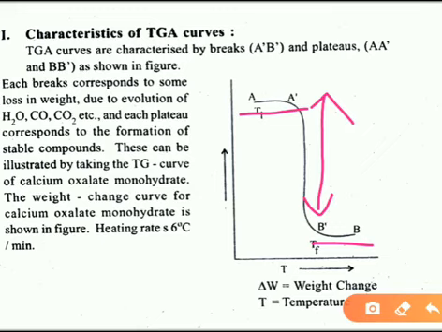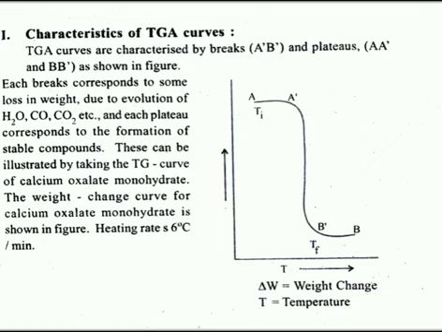This represents a loss of some lighter molecules. So here it is a plot. This plot is plotted between the change in weight and the change in temperature. On the y-axis we have taken the change in weight. Now we shall take an example and discuss the characteristics of the thermogravimetric curve.